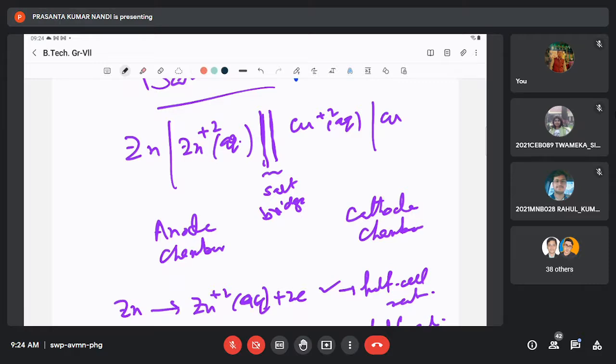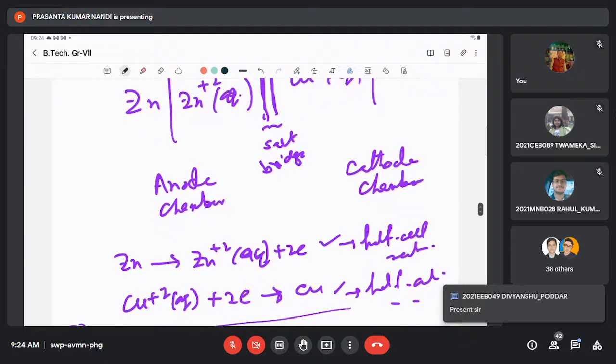So the left hand side electrode, the anode, will gradually lose weight, whereas due to accumulation of copper metal, the right hand side electrode, that is the cathode, will be heavier. The weight will increase.